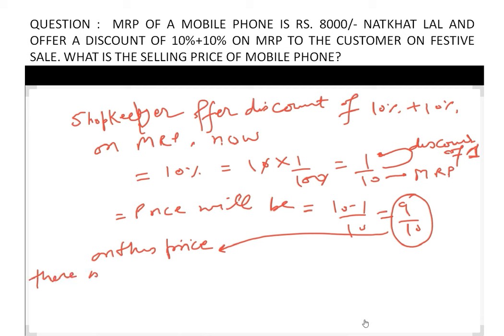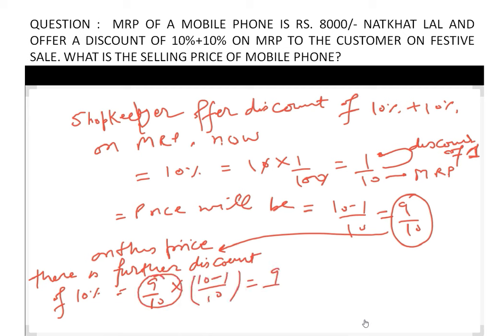Then on this price, there is a further discount of 10%. So for this further discount, 9 by 10 into again 10 minus 1 upon 10, it will be 9 by 10 into 9 by 10. It will come out to be 81 upon 100.